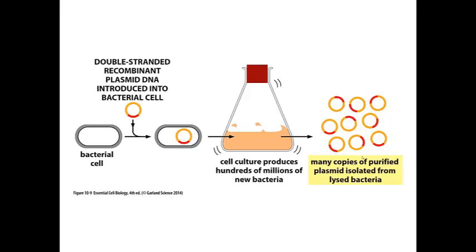Anyway, once they've taken up the DNA, then they're put into culture media that allows them to grow and produce millions of copies. And from this culture, plasmid DNA can be isolated, and in great quantities.